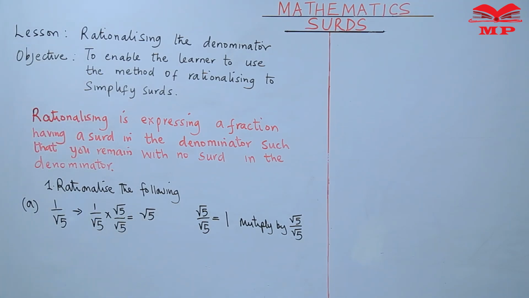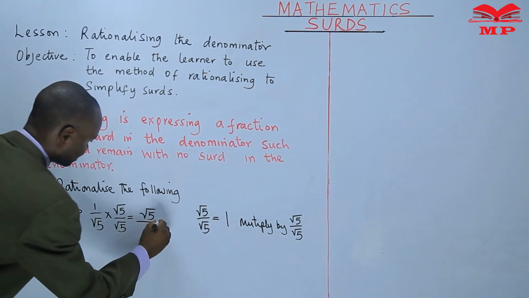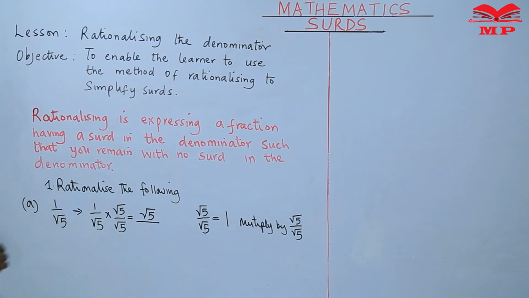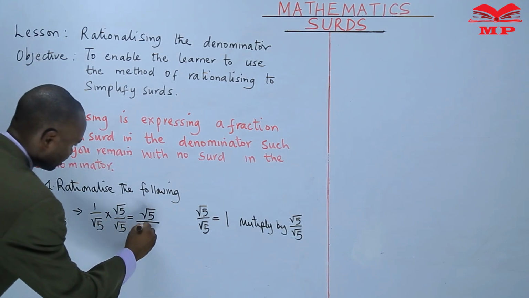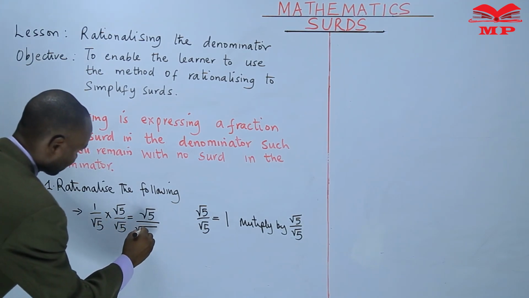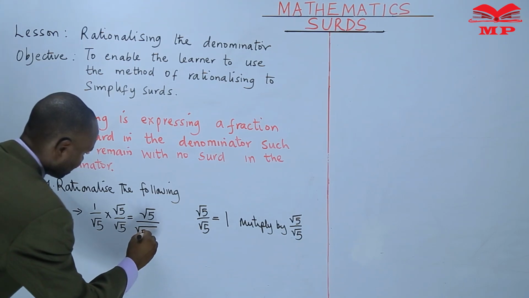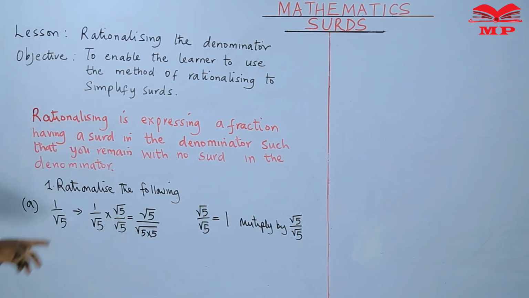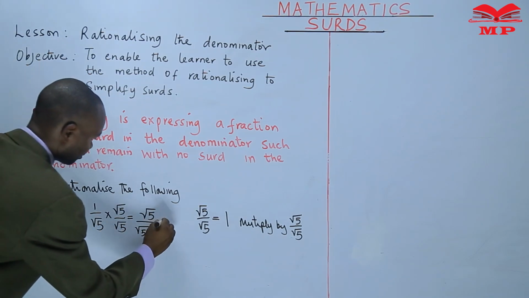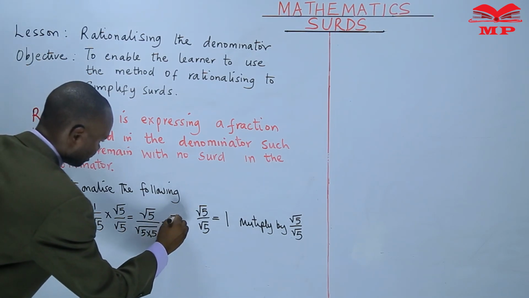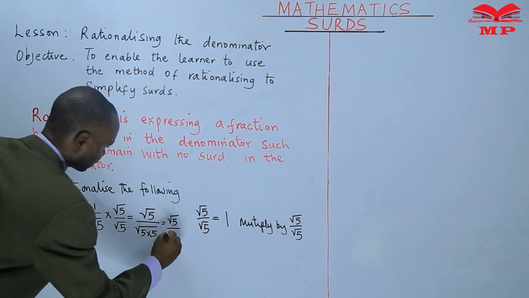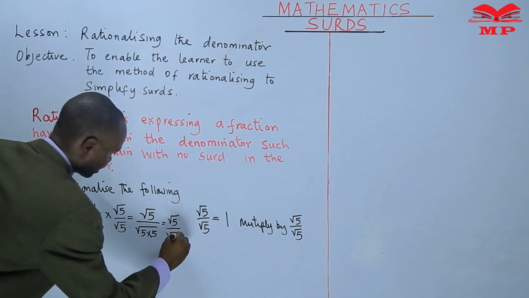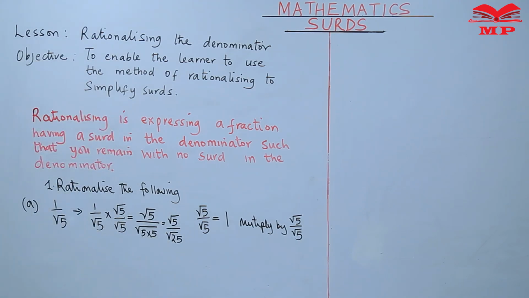So you'll remain with 5 over, as in the last lesson, square root of 5 into this root sign, you'll have 5 times 5. So it will become square root of 5 over square root of 25.